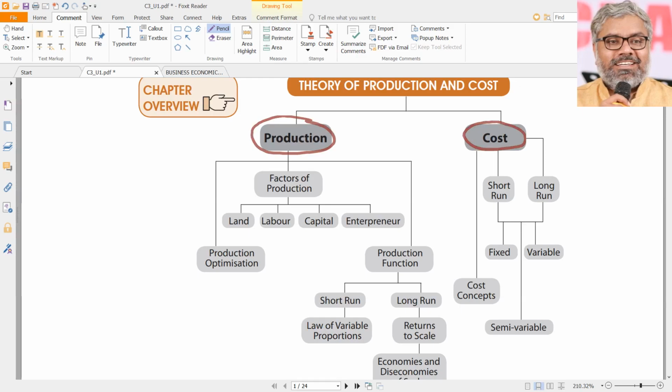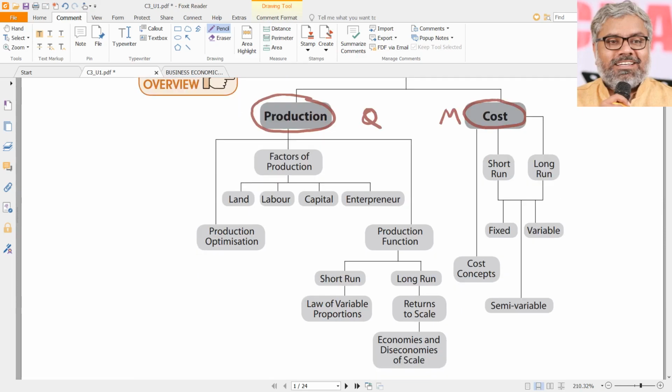But one point to be always kept in mind, because this is one of the important aspects throughout this chapter, both the units, we have to be very clear on what are we talking about. Whenever we talk about production, we are talking about quantities. Whenever we are talking about cost, we are talking about money. So please keep that in mind. When we talk about production, we are not talking about the cost impacts of that.